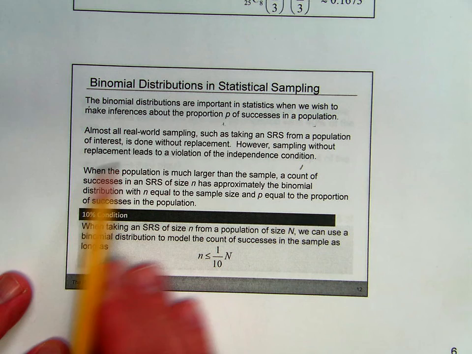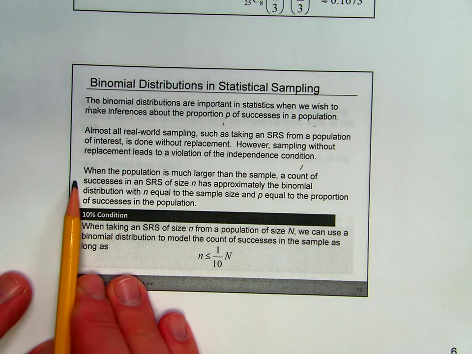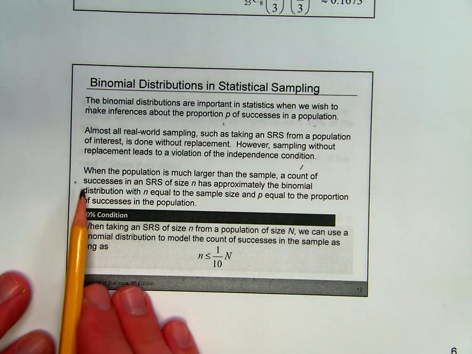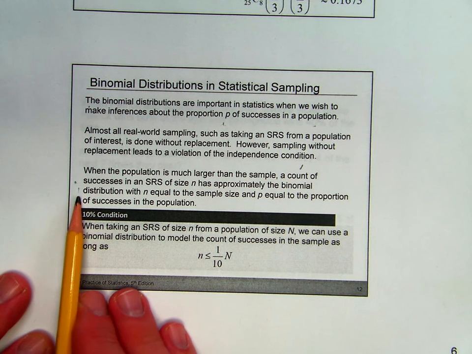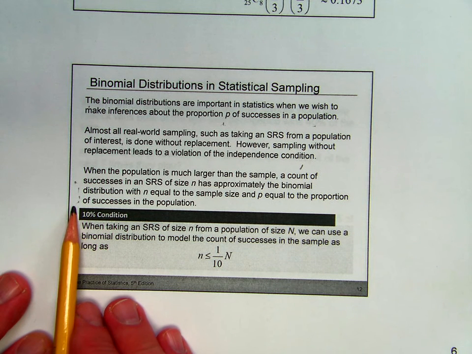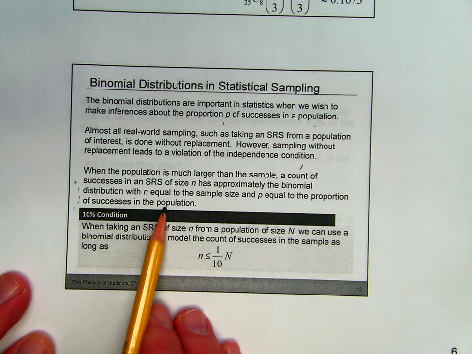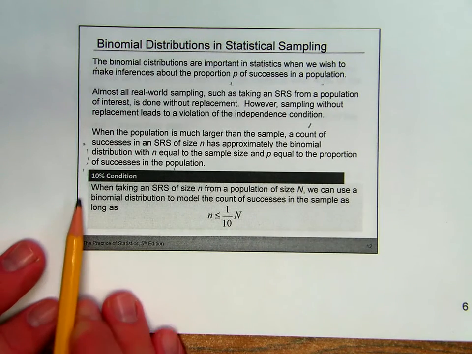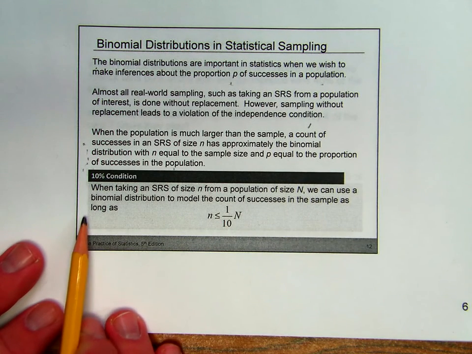So, here's how we're going to handle it. When the population is much larger than the sample, a count of successes in a simple random sample of size n has approximately the binomial distribution with n equal to the sample size and p equal to the proportion of successes in the population. And here's what we're going to do to quantify that large thing.